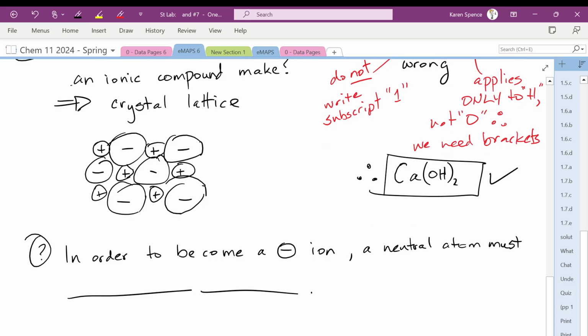Yep, a little bit like that. If they lose what charge are electrons? Yeah, they need to gain electrons. Because electrons are negative. If you gain electrons, you gain a negative charge.